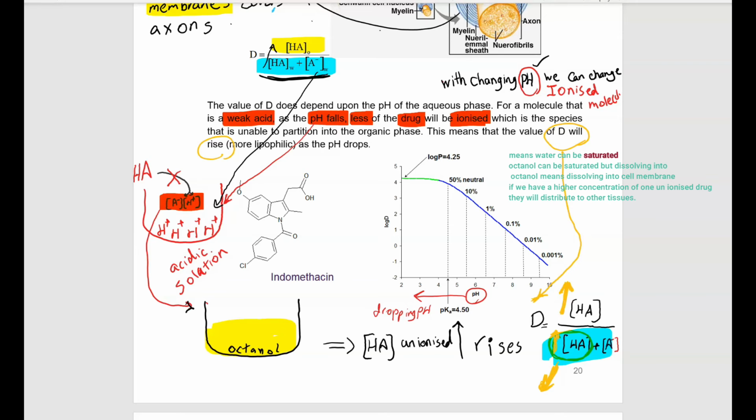So if we get more whole molecules, they shift to the organic part, so the ratio in the denominator will increase, so D will increase.